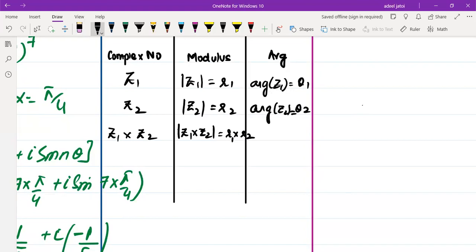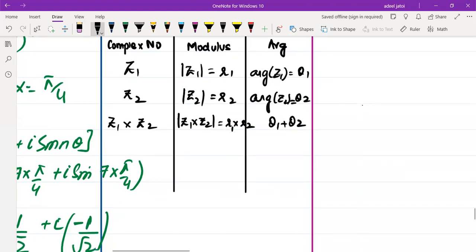And with the same approach, to find the argument of Z1 Z2, we need to do theta 1 plus theta 2. That means the angle of Z1 plus the angle of Z2. If we add them together, we get the angle of the new complex number, Z1 Z2.